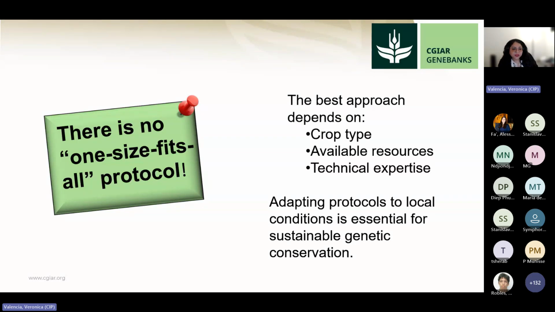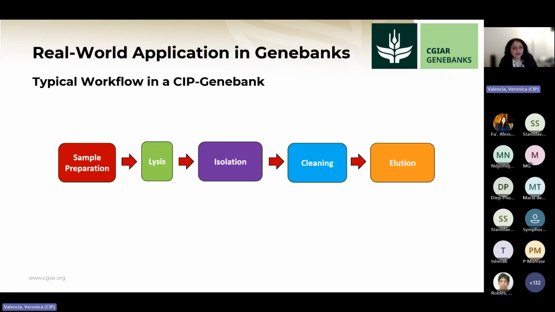So the best approach, if you want to start doing DNA extraction, is that, as Ronald said, it depends on many things, like the crop type, but you also have to take into consideration the available resources you have. Not every lab has every equipment, and also the technical expertise of your team. So adapting protocols to your local conditions is essential for sustainable genetic conservation.